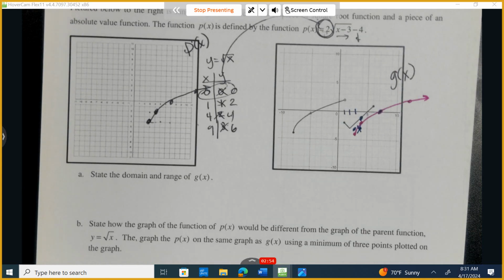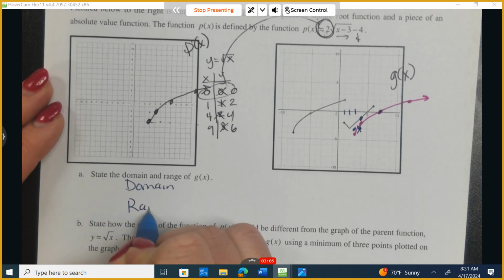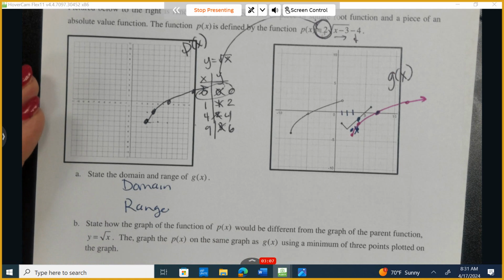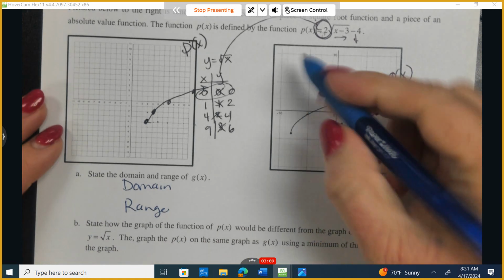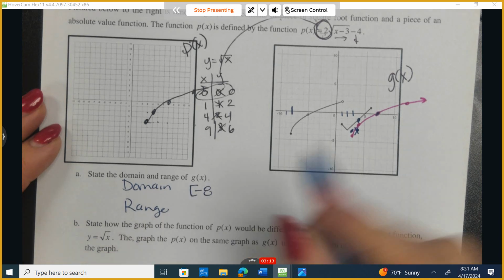Okay, please go ahead, and I want you to state the domain and the range for g of x. The domain goes from -8.